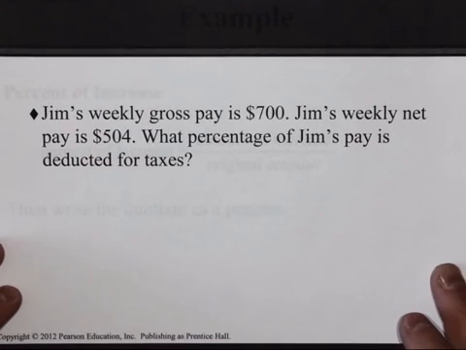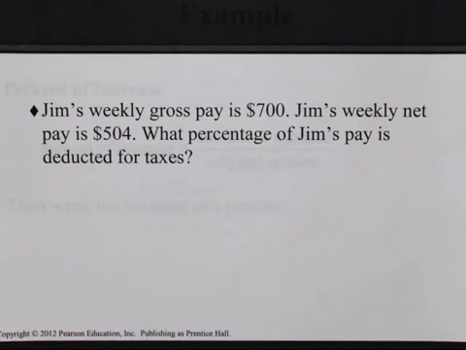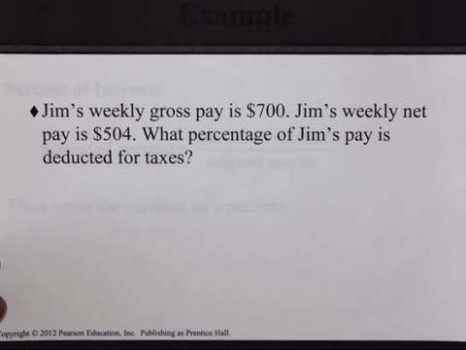Jim's weekly gross pay is $700. Jim's weekly net pay is $504. What percentage of Jim's pay is deducted for taxes? If you work, which I know many of you do, it's always good to figure out how much you're paying in taxes.